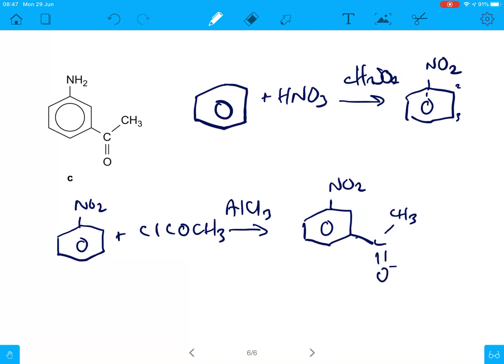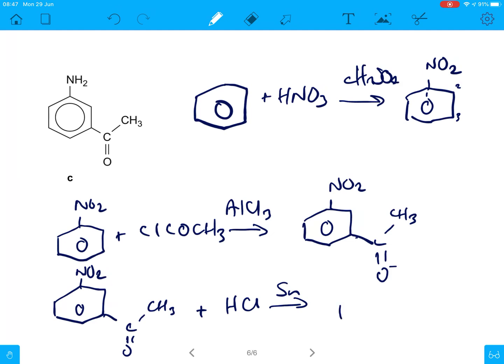Okay, and now we can reduce our nitro group using tin and conc. sulfuric acid, and that will give us NH2 and COCH3.